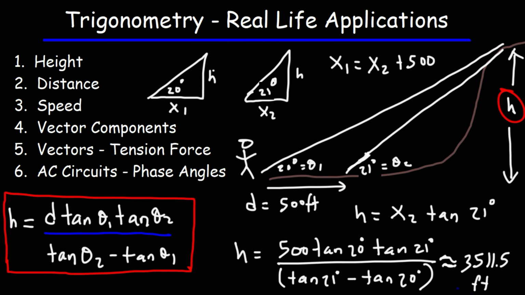So that is the height of the mountain. It's about 3,500 feet. So this is the formula that you could use to calculate the height of that mountain directly.